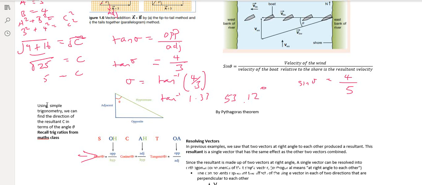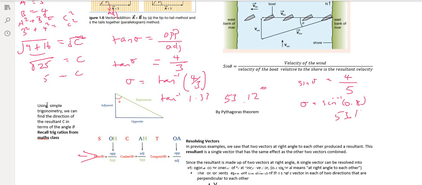But let's look at it now. So 4 divided by 5 is 0.8. So theta is going to be equal to sine inverse of 0.8. So let me find sine inverse. Shift sine gives you sine inverse, times the angle gives us the same 53.1.